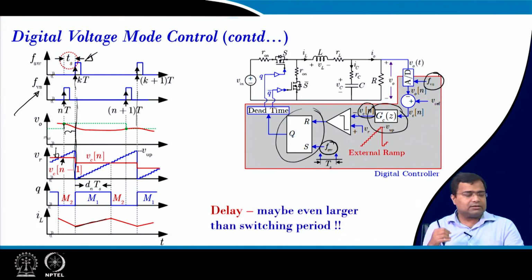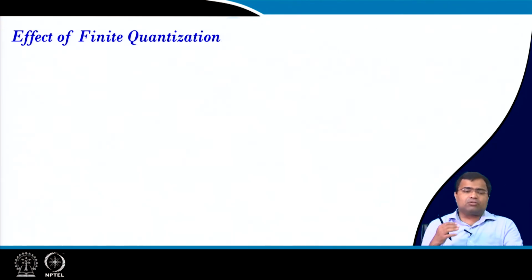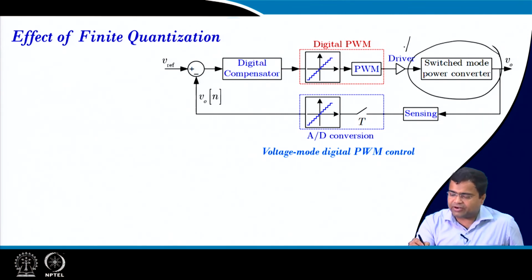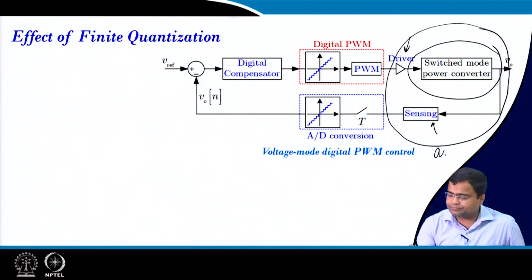high frequency implementation. Now, the effect of finite quantization. If you take the digital controller loop, this is our power converter, here we will have a driver circuit and this is a sensing signal. So, all these blocks are analog, because it is a real converter.